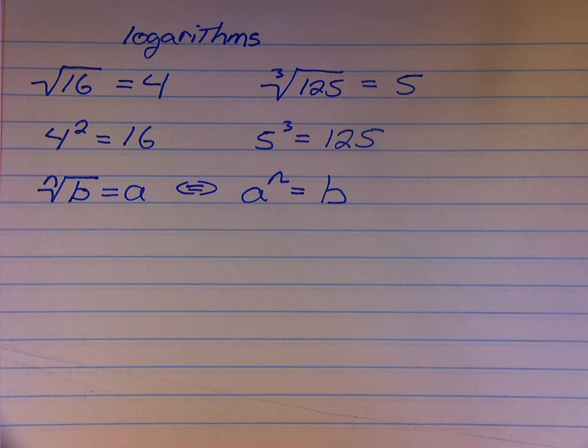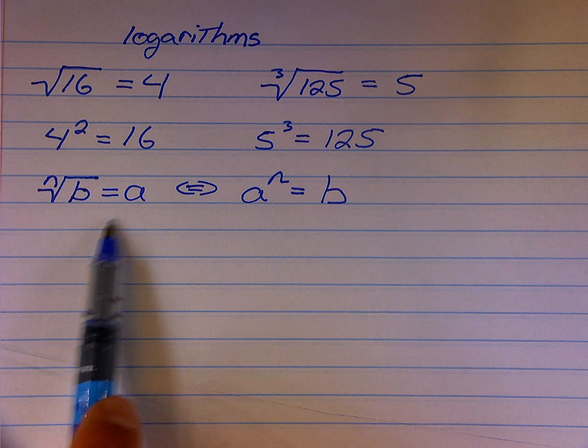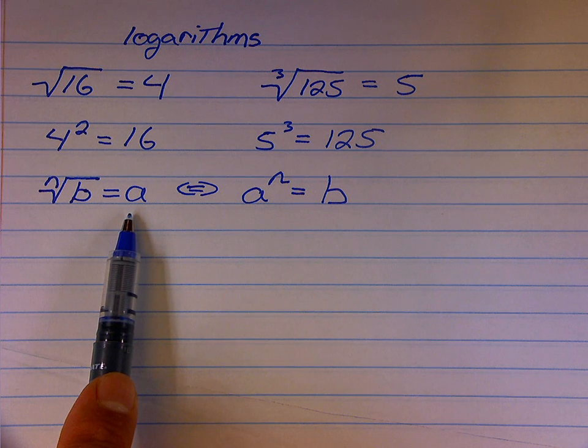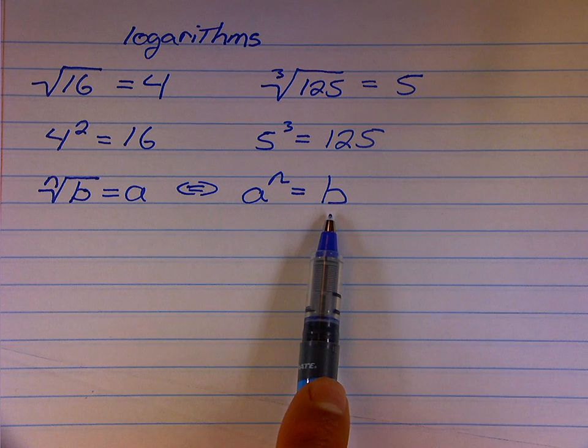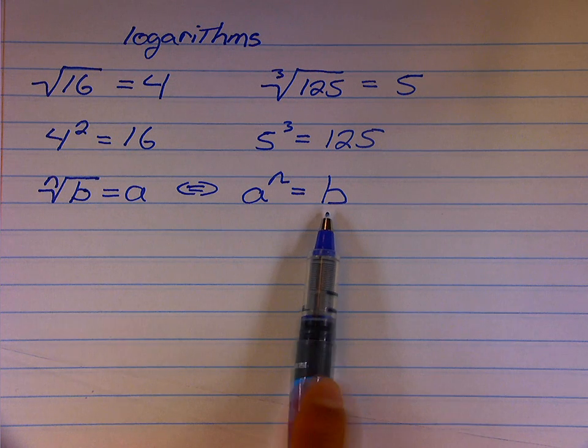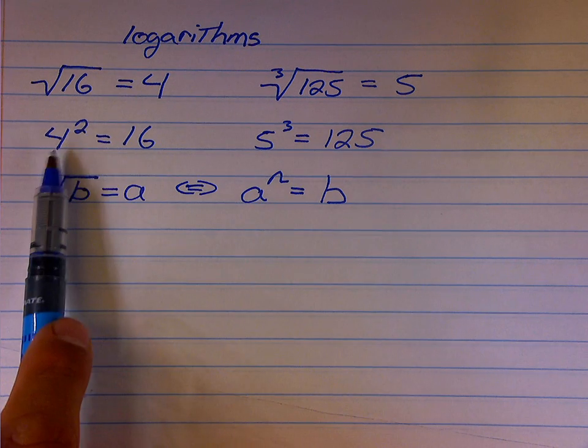One is in radical form, one is in exponent form, and notice it changes where the focus of my sentence is. The first sentence has a focus on a. The second sentence has a focus on b. Notice how they match up to here.